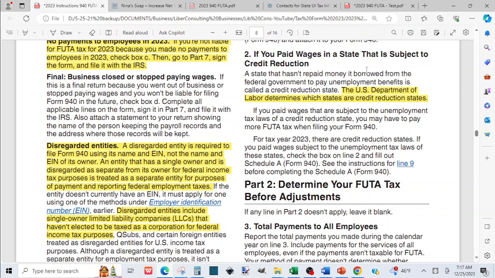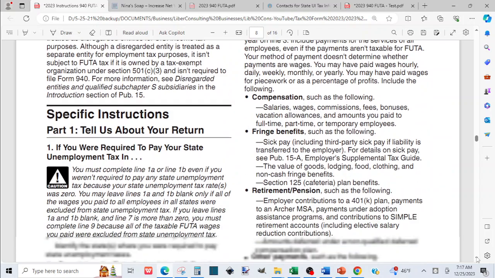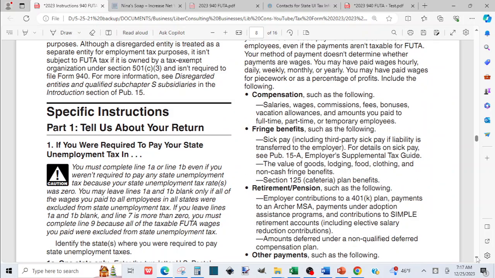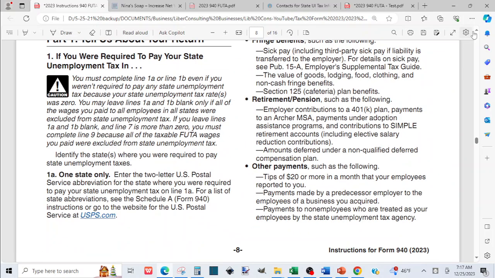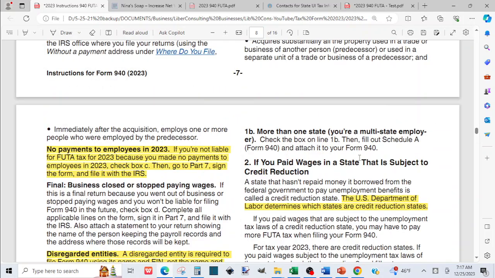And disregarded entities include single owner LLCs that haven't elected to be taxed as a corporation for federal income tax purposes. So for credit reduction, if you pay wages in a state that is subject to credit reduction, a state that hasn't repaid money it borrowed from the federal government to pay unemployment tax benefits, it is called a credit reduction state.